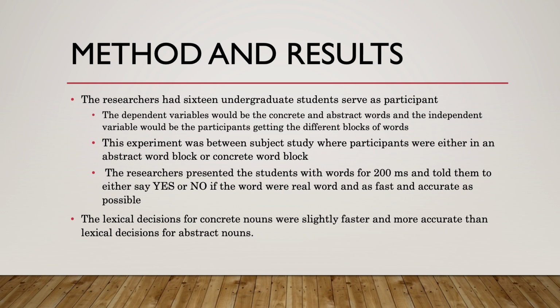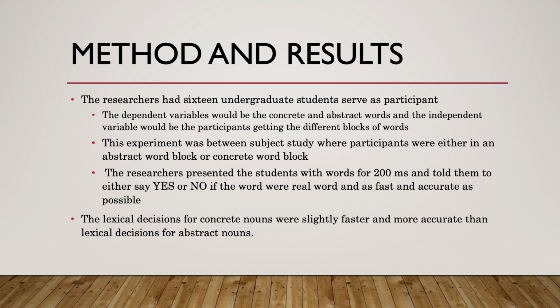The researchers presented the students with words for 200 milliseconds and told them to say yes or no if the words felt real and were relatable to real words, and to do this as fast and accurately as possible. The results show that lexical decision for concrete words were slightly faster and more accurate than lexical decision for abstract nouns.